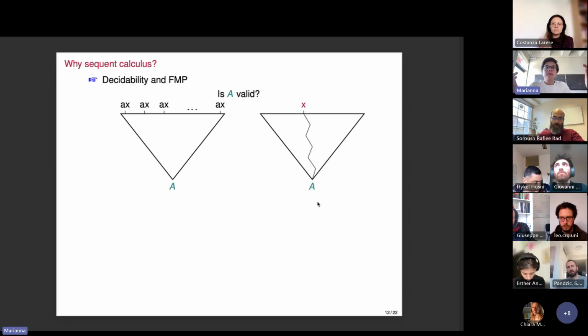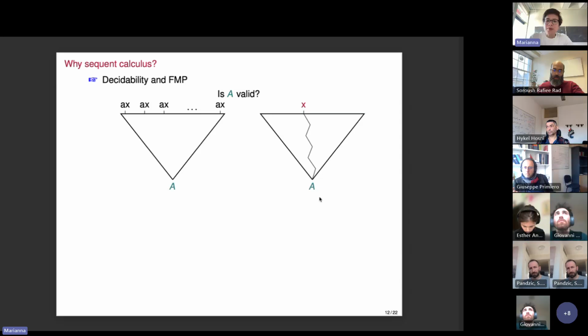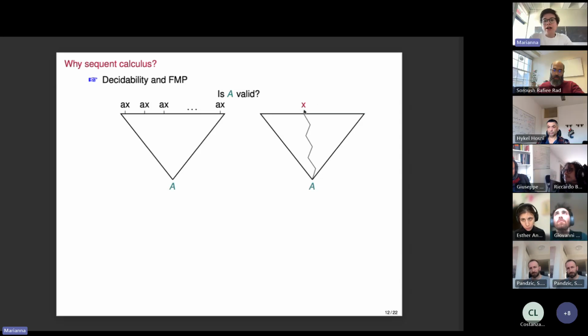At some point I stop and declare failure, which means that I usually have an axiom to which I cannot apply any more rules, or I have some kind of loop check that tells me, here you can stop.